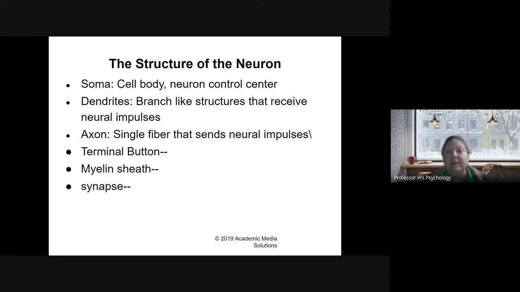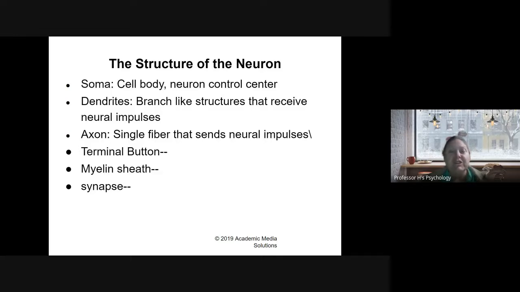This is a stock slide that I did not notice that error in. The dendrites are the branch-like structures that receive neural impulses. The axon is a single fiber that sends the neural impulses down to the terminal button. The terminal button is the place where the neurotransmitter, the chemical messenger, is going to be released.